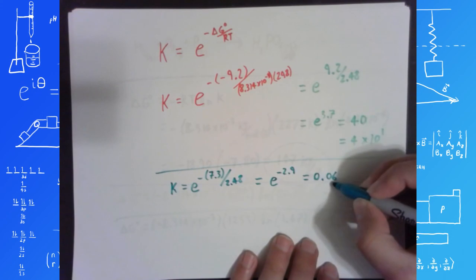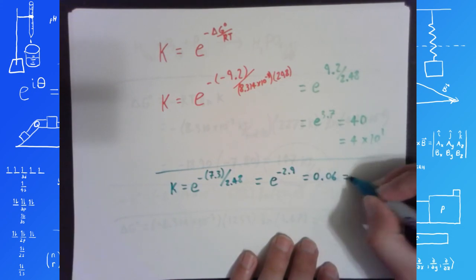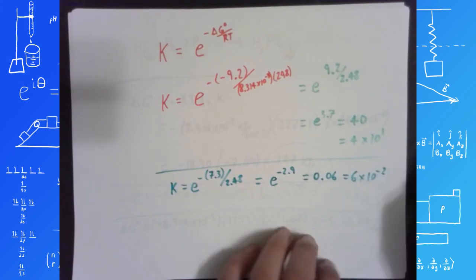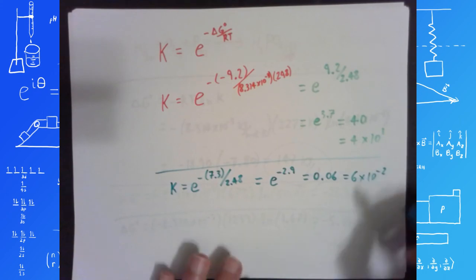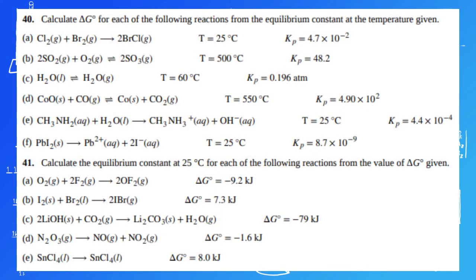So, yeah, 0.06 or 6 times 10 to the negative 2 is how we would usually write an equilibrium constant. So there you go. That's a reaction that favors reactants over products. And you can do the rest of these on your own.